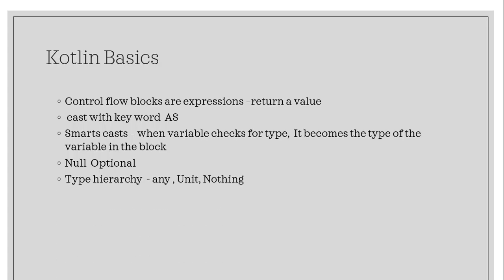The next is type hierarchy. The super type is Any for all data types, and then we have Unit and Nothing.